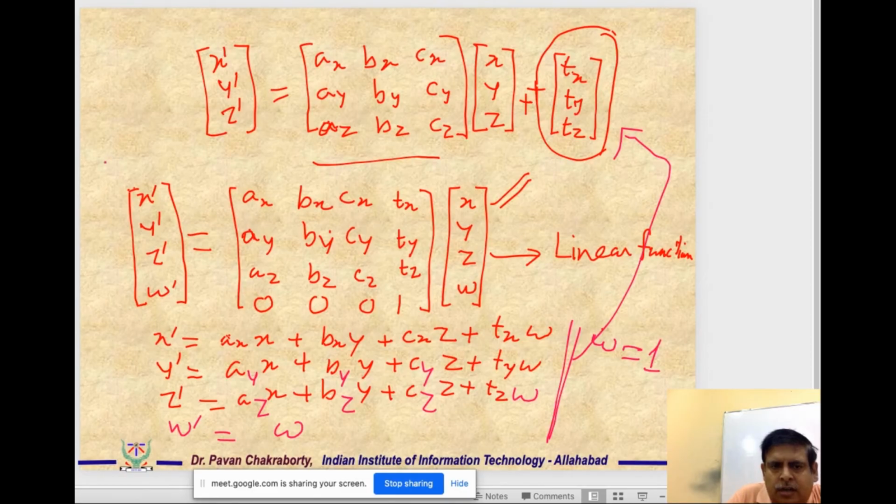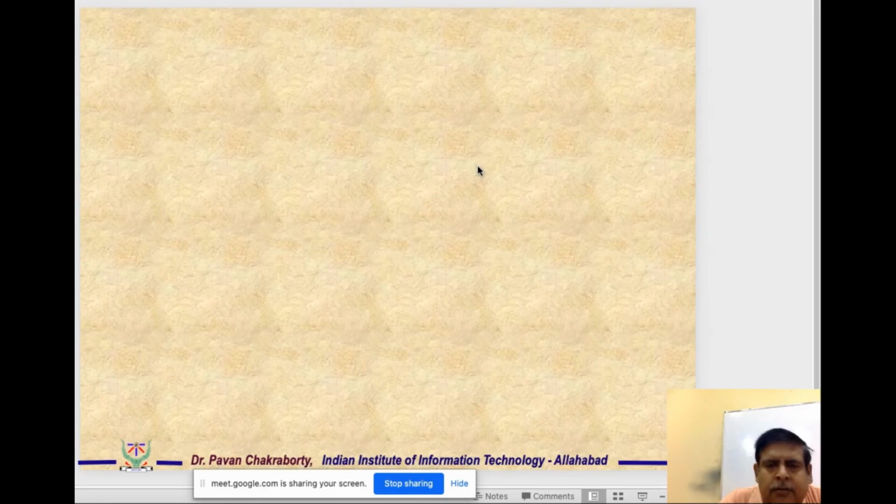This is called an affine transformation. Right. So what you have is that I linearize translation by adding an additional quantity or additional vector to it.